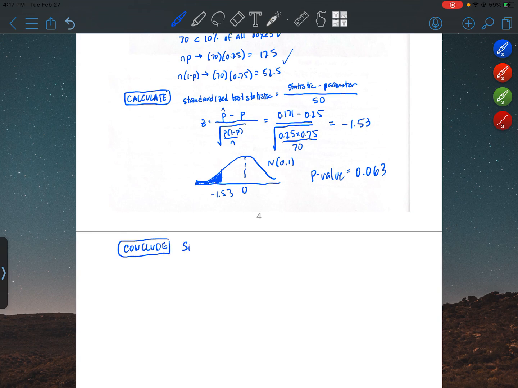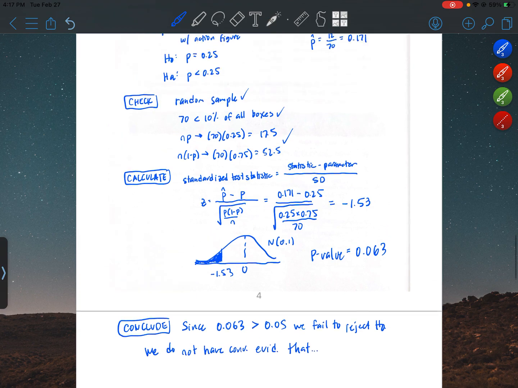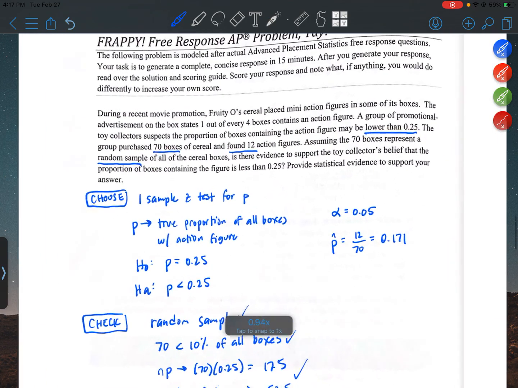Since the p-value 0.063 is greater than our significance level of 0.05, we fail to reject the null hypothesis. We do not have convincing evidence that, I'm going to pause here because I'm just going to use the language in the question stem.